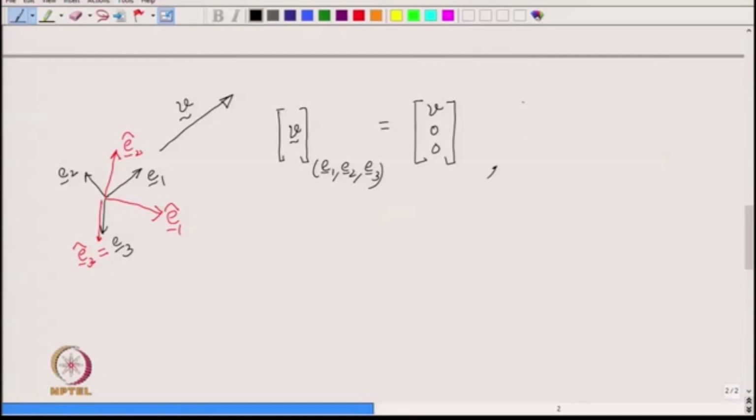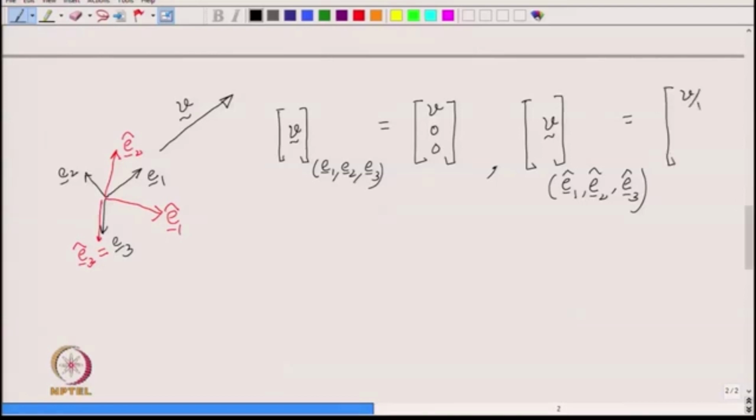The same vector v, when you try to express it in the E1 hat, E2 hat, E3 hat coordinate system, is going to be different now.